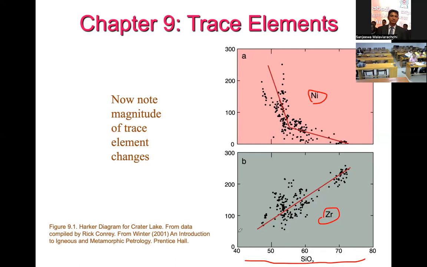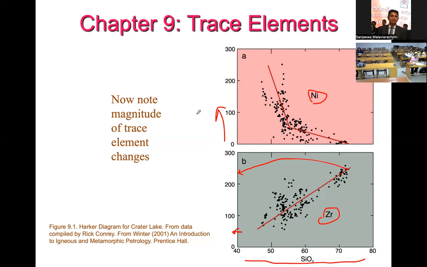What about the variation? Maybe like 50 for zirconium, and you can see here like 250 or something. It's more than 5 or 6 times change. And for nickel, it's changing from 0 up to like 200, like 100 or 200 times variation.